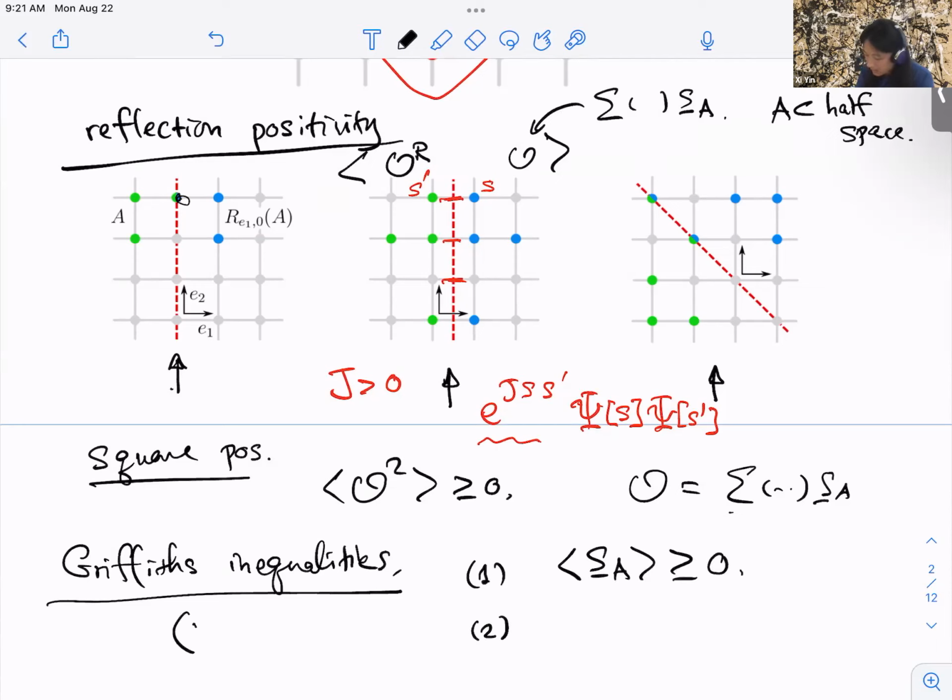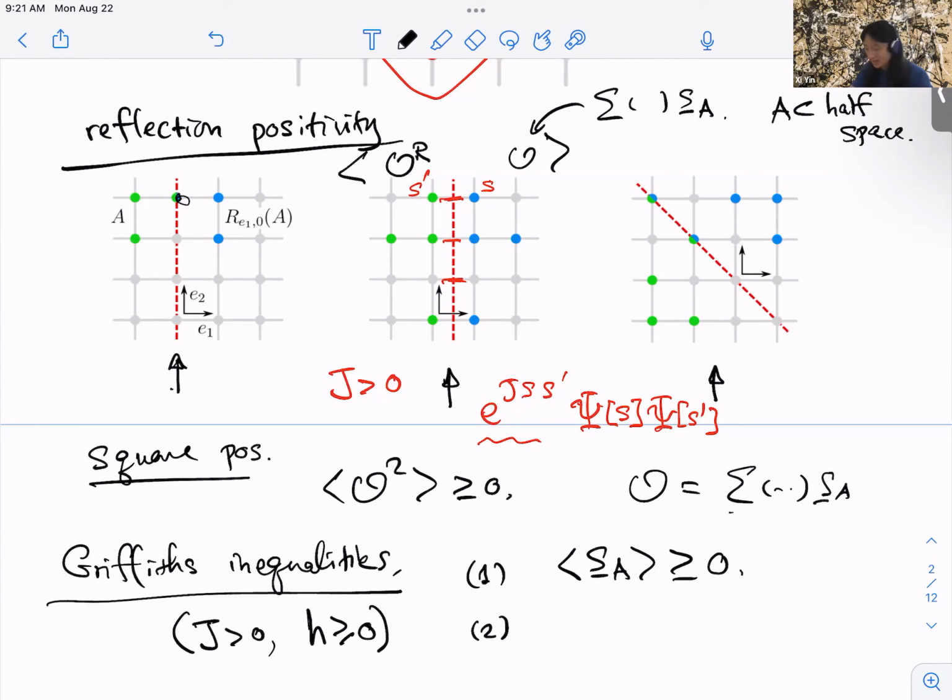These are again applicable to J positive, the ferromagnetic Ising model, as well as H non-negative. The second one is just a convention, because of Z2 symmetry, without loss of generality, we can take the magnetic field to be non-negative. Under these assumptions, one can prove these Griffiths inequalities.